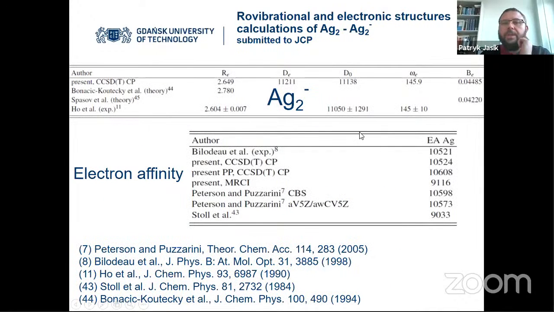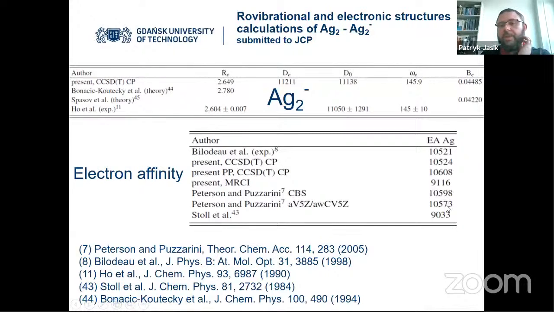Here you can see that for the silver anion dimer, there is less data than for the neutral molecule. And we also see that we obtained very good results in comparison with the only experimental data reported by Ho.